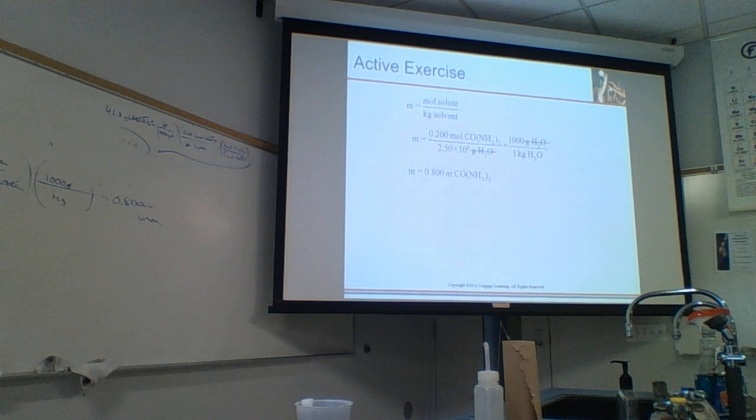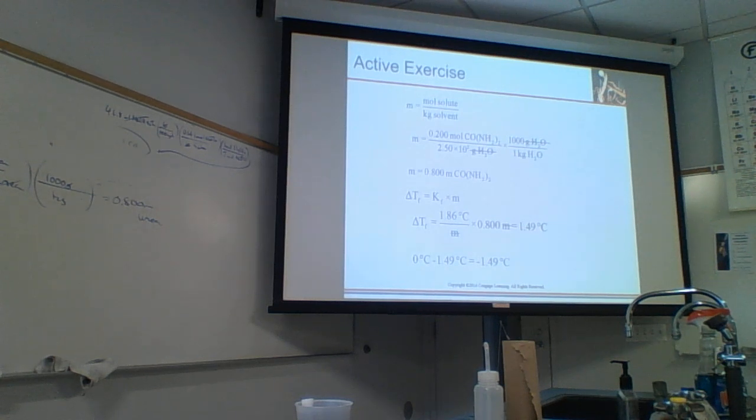Now we need KF. We get KF from the book. KF is 1.86 degrees C per molal. So we calculate this and it comes out to 1.49 degrees C. That means the freezing point is going to be 1.49 degrees C colder.